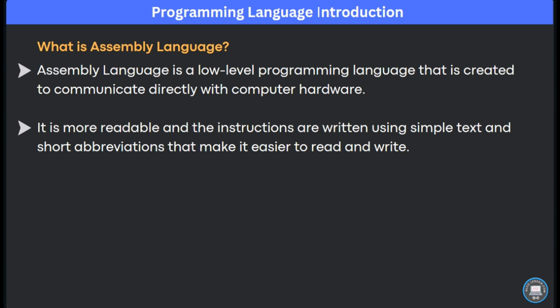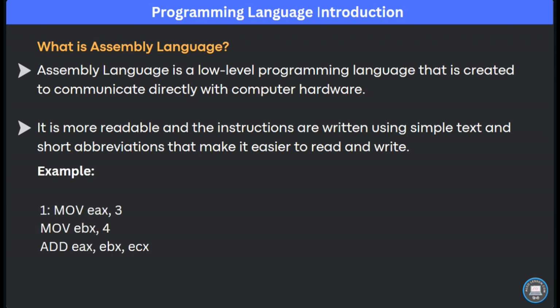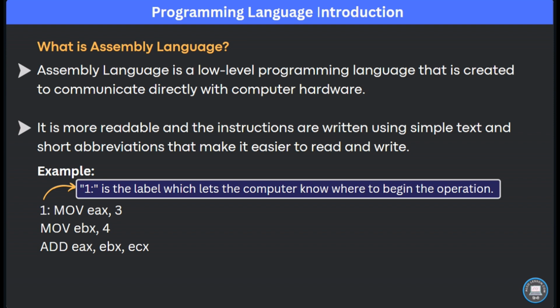Let's see one example of assembly code. Let's say these are the three lines of assembly language we have written to add the numbers 3 and 4. Now let's understand one by one the meaning of these lines. The first one denotes that the operation is going to begin on this line.